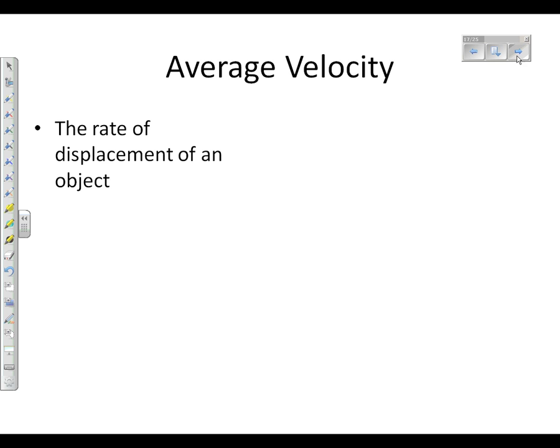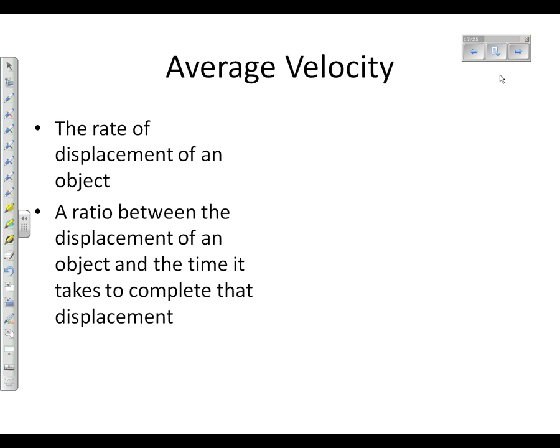As a better description, the average velocity is a ratio between the displacement of an object and the time it takes to complete that displacement.